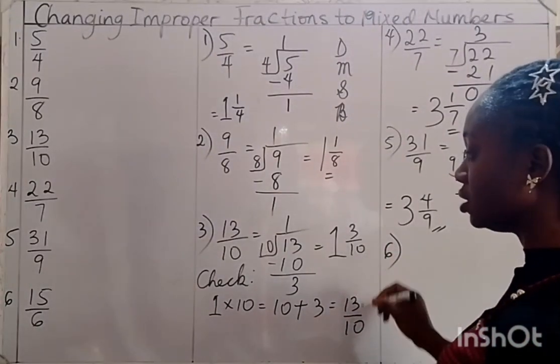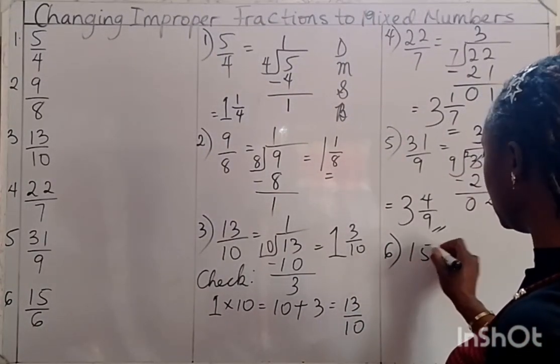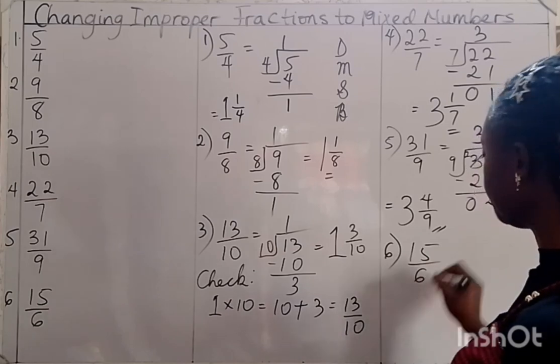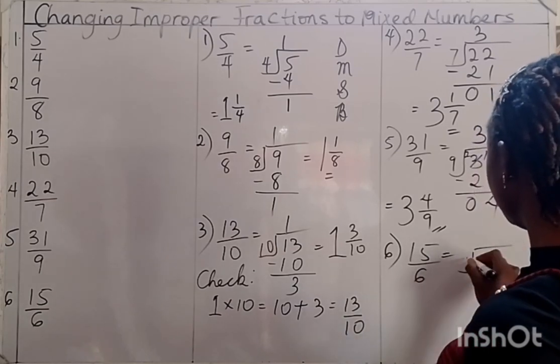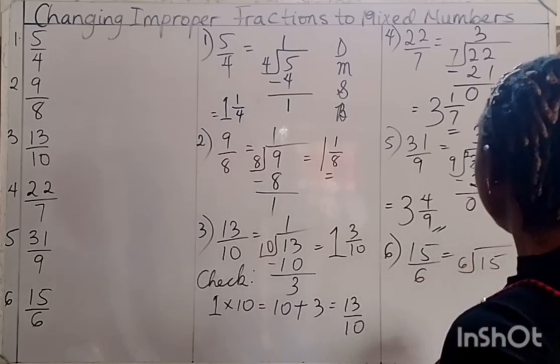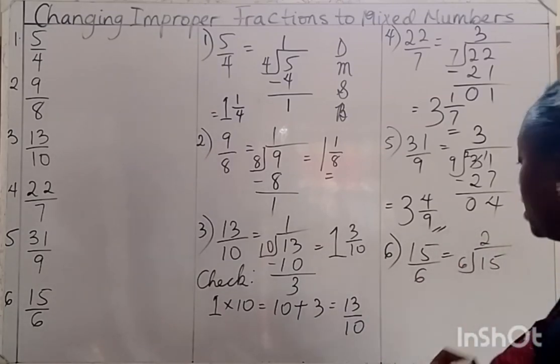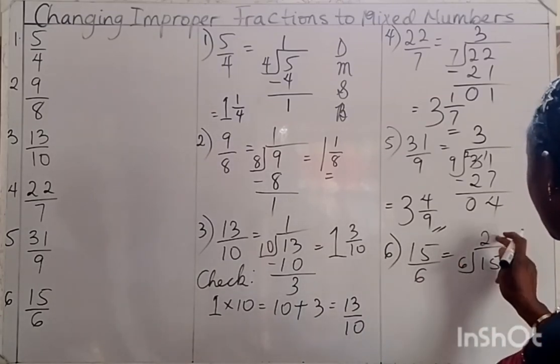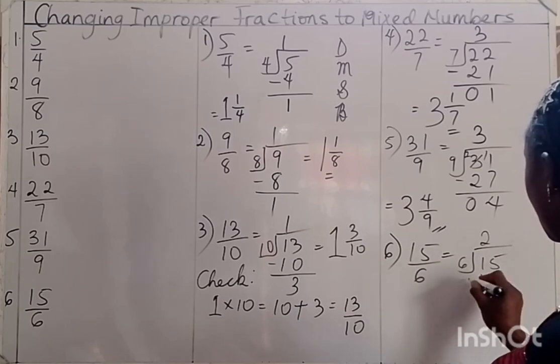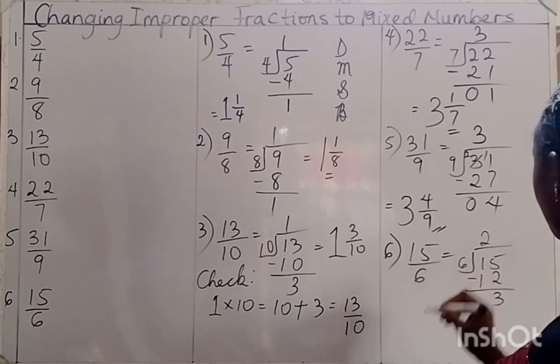Then the last question is question 6, which is 15/6. 6 into 15, how many times? 2 times, okay, to go twice. Then 2 times 6 is 12. When we subtract, we have 3.